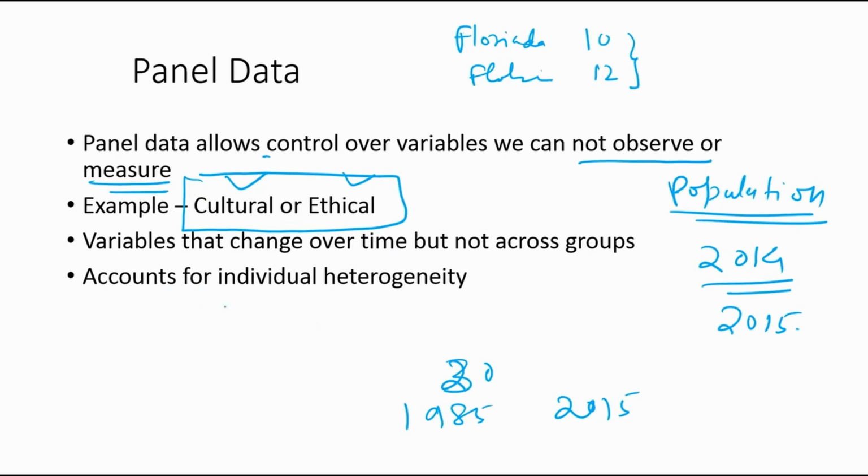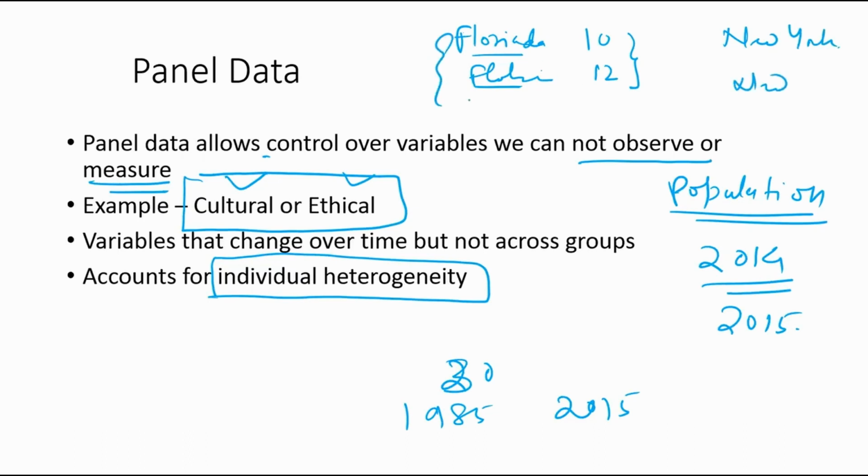It also accounts for individual heterogeneity, that means how things change within the individual. For instance, how the population is changing over time for Florida and how it is changing for New York. One can compare how a certain feature of the state Florida is changing over time compared to New York. So the comparison is also possible in panel data.